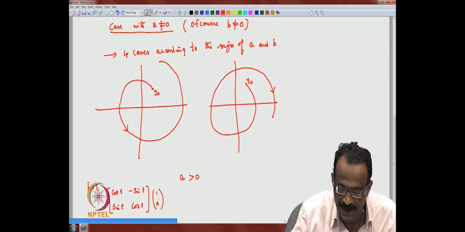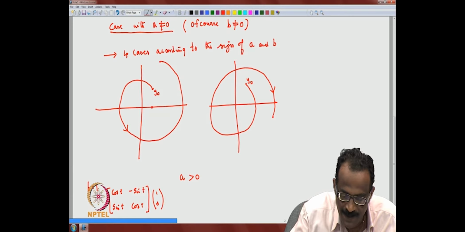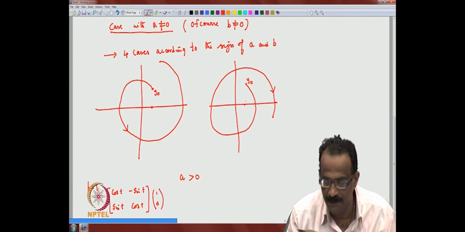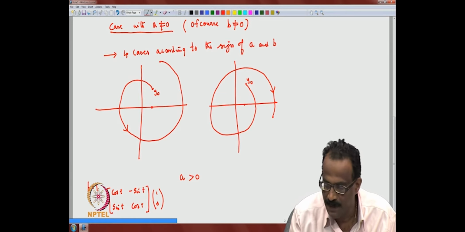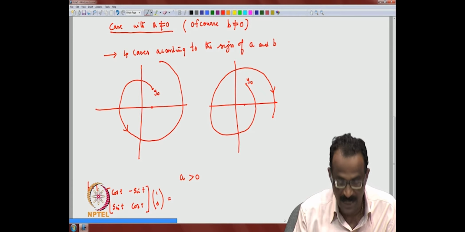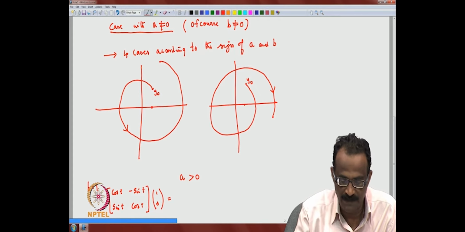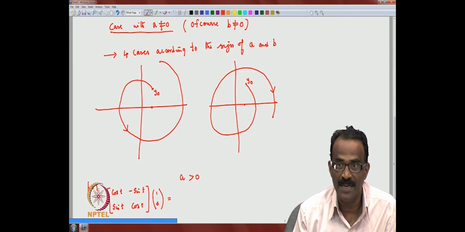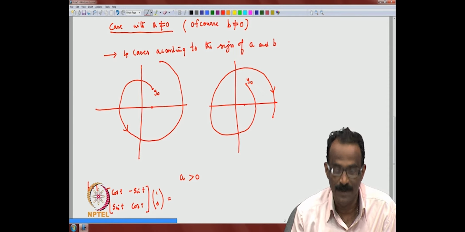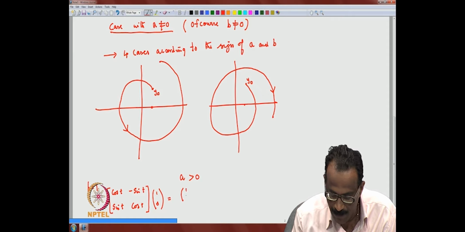I am choosing a vector from here. Suppose I take t equal to 0, that is the situation when the initial point is at the origin. So when t equal to 0, cos 0 is equal to 1, sin 0 is equal to 0. So it will be 1 0 0 1, so it will go to 1 0 only at t equal to 0.